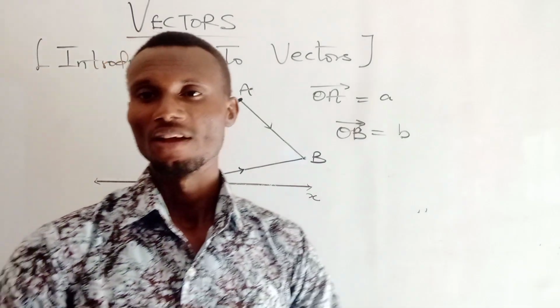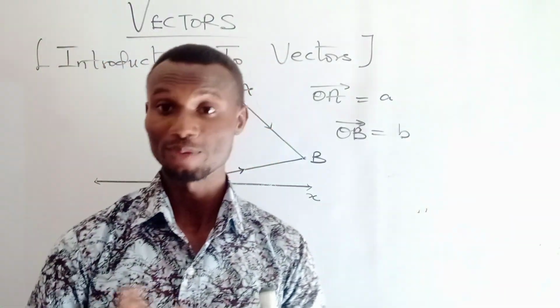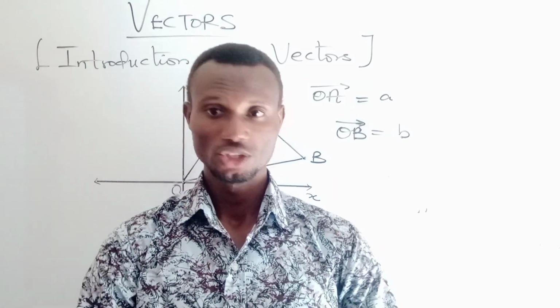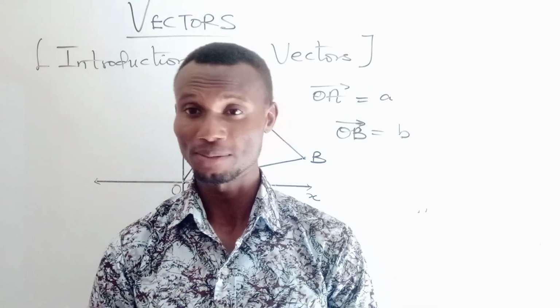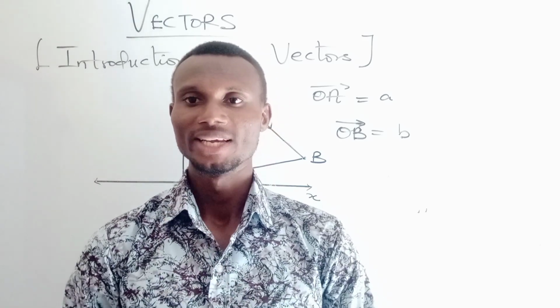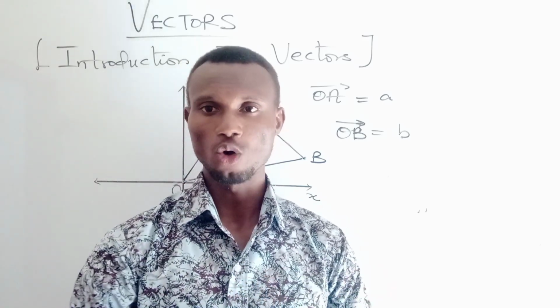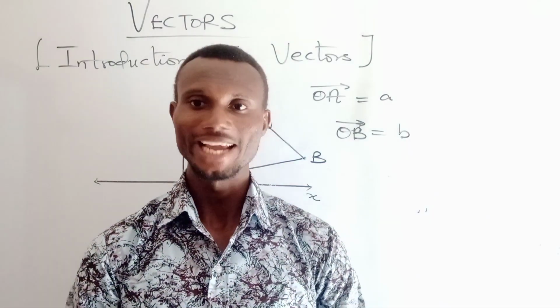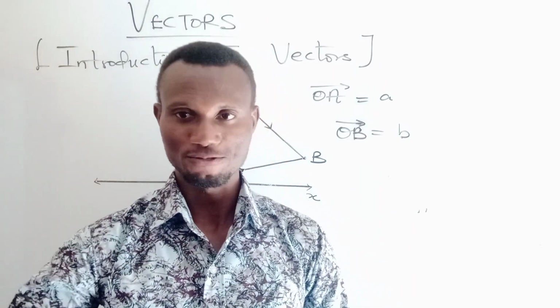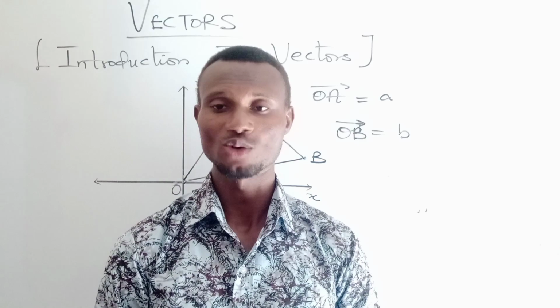So now vectors can be represented in two ways. I'm going to show you that, and it's very simple. One, the column or component form, and two, the magnitude and bearing form. I'm going to repeat it one more time.